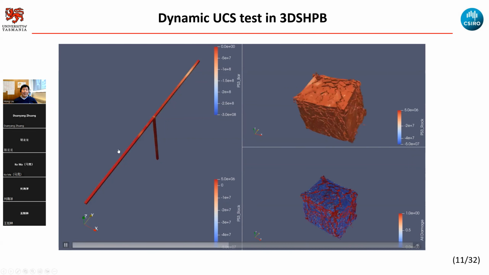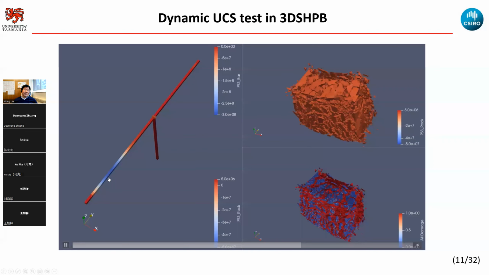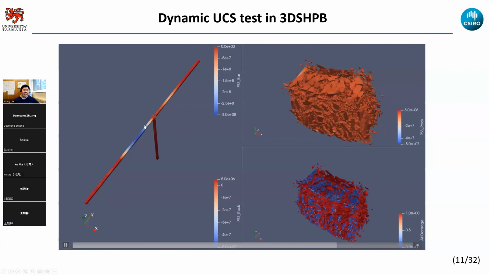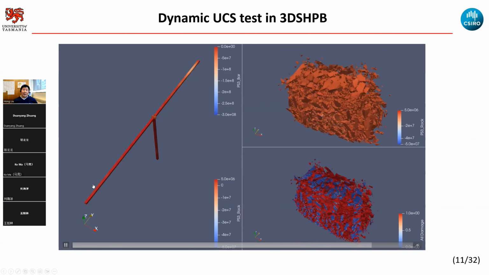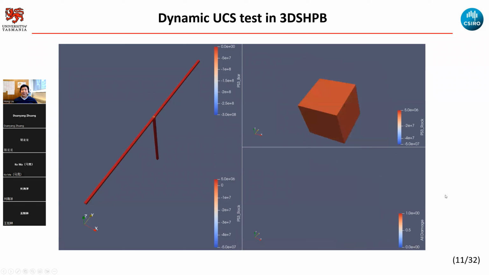The only difference here, you notice that previously we used a circular bar. Here, this is actually a square bar. So you can see it represents a more complicated failure pattern.